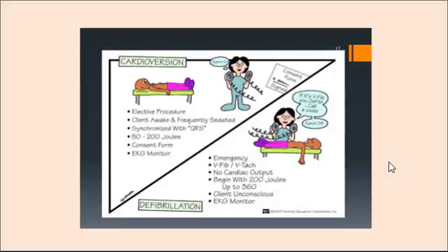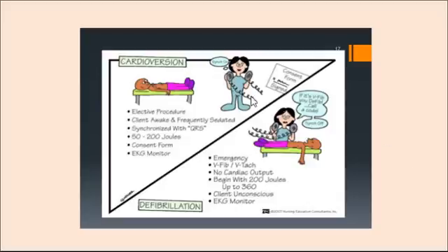It is synchronized. What does it mean when it says synchronized with the QRS? You set the machine on synchronized. You put the pads on them, or in this picture of the old school, where we used to have to hold them, but now it's hands off. It's kind of weird because if you're used to shocking someone, you put the pads on them, you hit the button, it shocks them.